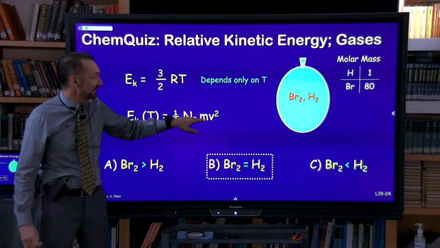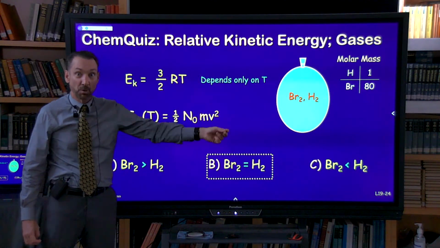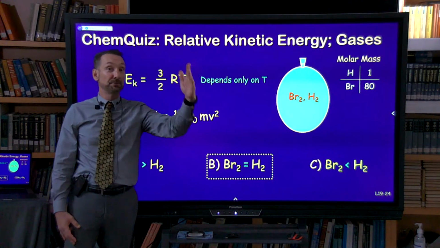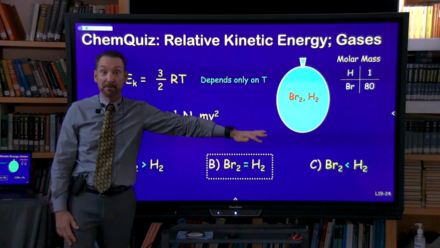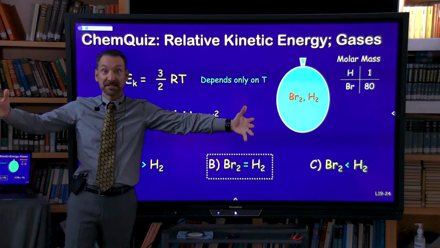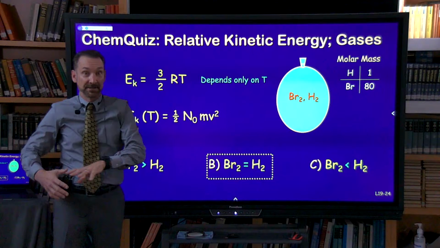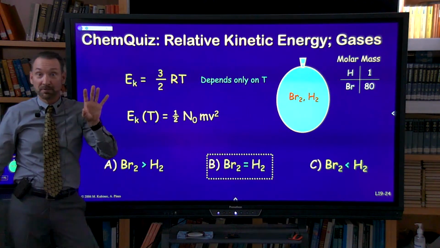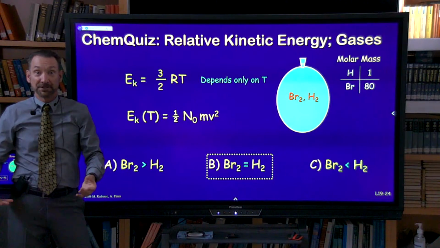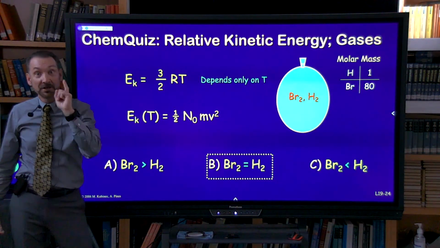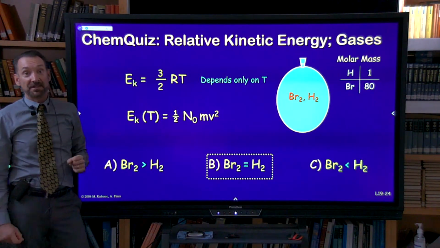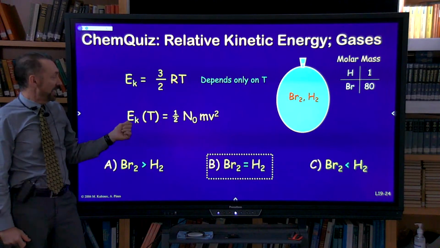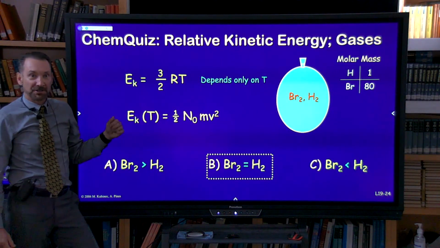And the very massive bromine on average are going slower. So there's this distribution that Boltzmann was thinking about, distribution of velocities. And on average, the hydrogens are going fast and the bromines are going slow. They have a different distribution of velocities, same pressure exerted by the same number of particles at the temperature. Their energy is fixed by that.